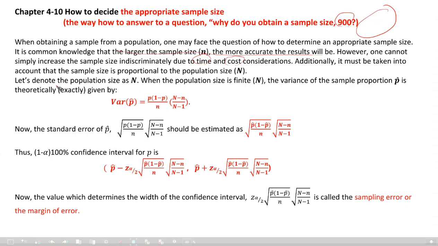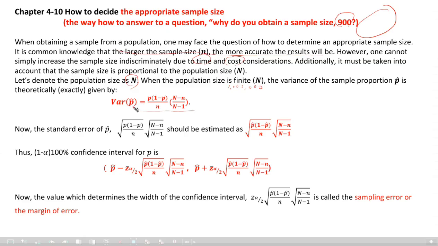Let's denote the population size as capital N. When the population size is finite, something like 1 million, the variance of the sample proportion p hat is theoretically given this way.